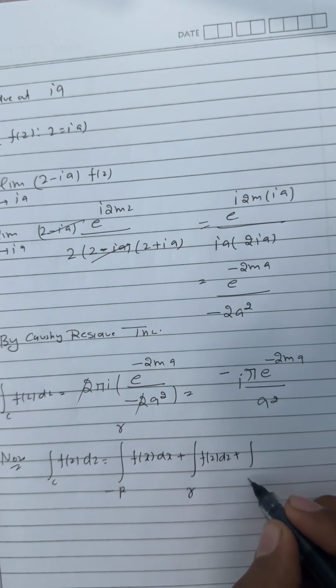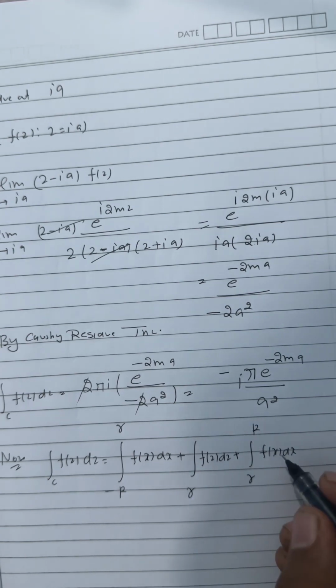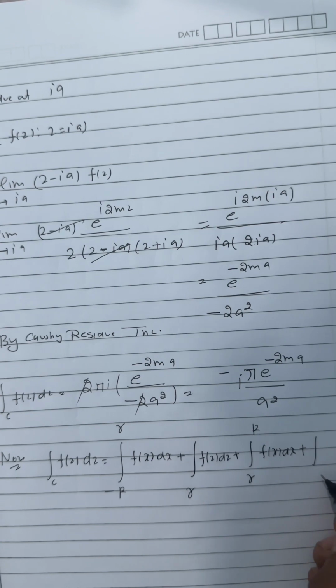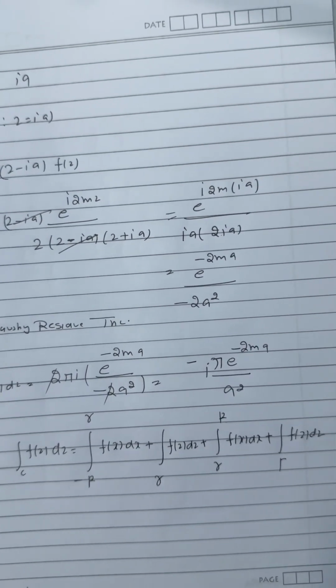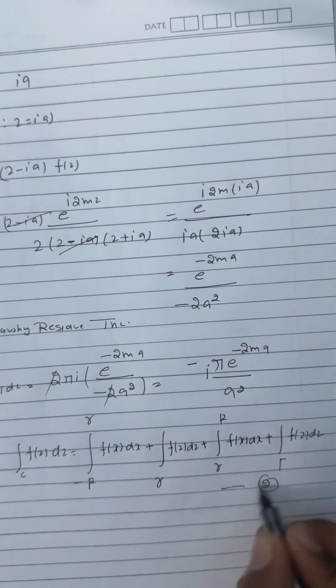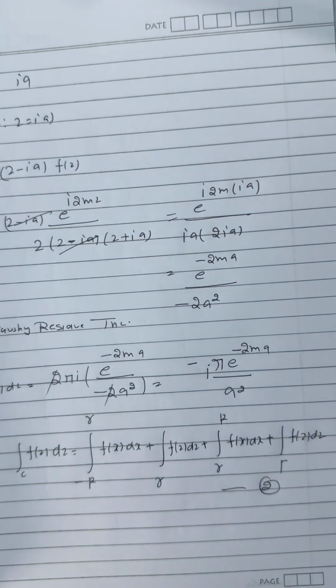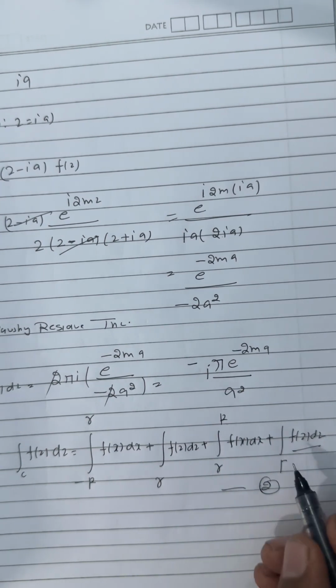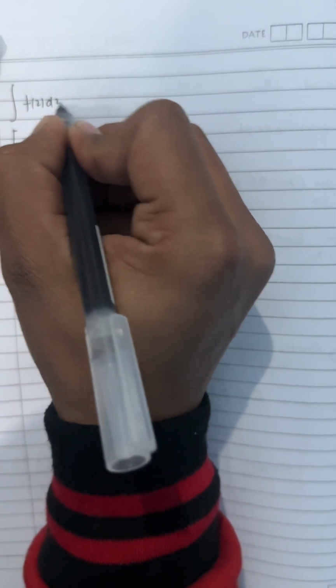After that from small r to r, f of x dx, and after that we are going through capital gamma, f of z dz. Let me call this equation 2. We are going to solve each integral step by step. First of all, we are going to solve this one, the integral over capital gamma of f of z dz. So I am going to use Jordan's lemma here.